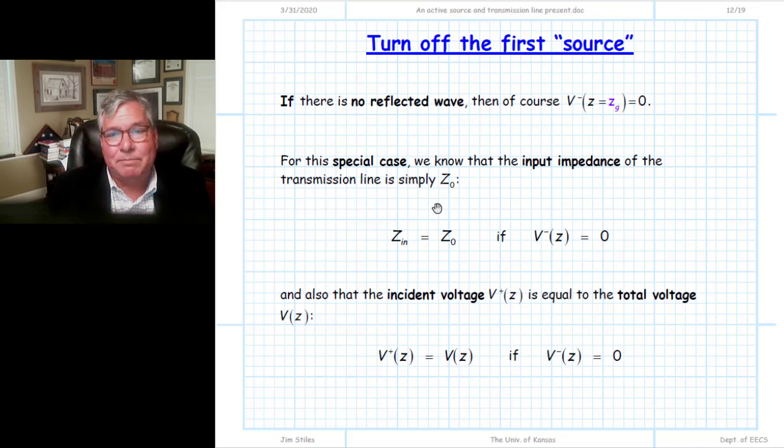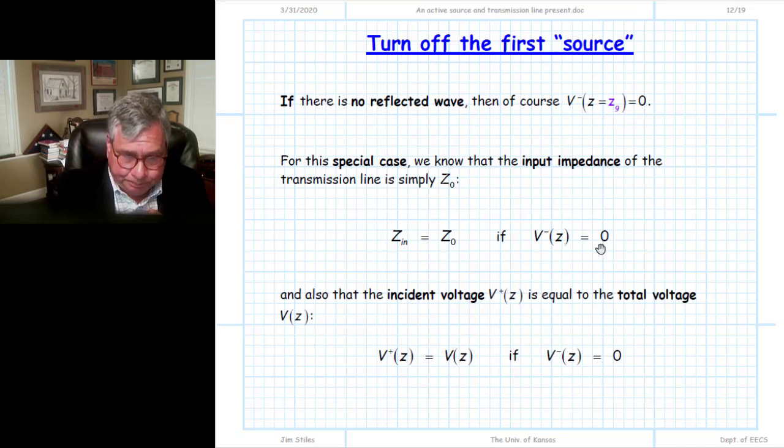But if there is no minus wave, then the minus wave voltage and the minus wave current are equal to 0, and therefore the line impedance is simply the ratio of the plus voltage to the plus current, which we know defines the characteristic impedance of the transmission line. So again, if we have no minus wave voltage, the line impedance is Z0 at every location on the line, and that includes the beginning of the line where the source is attached. The input impedance is equal to Z0 when the minus wave voltage is equal to 0.